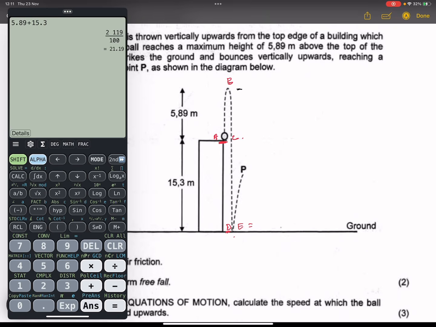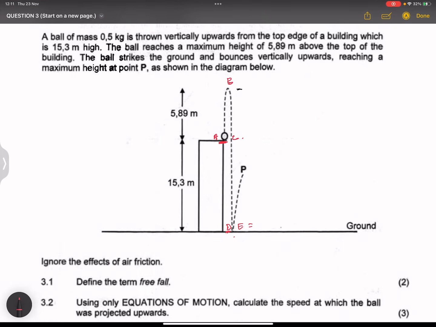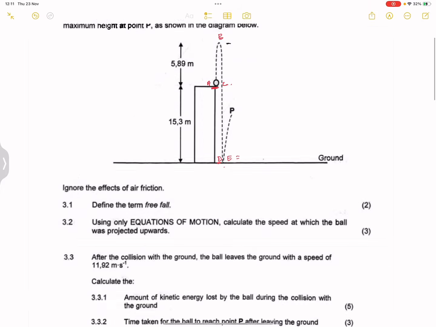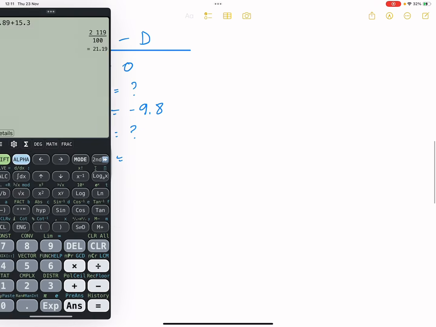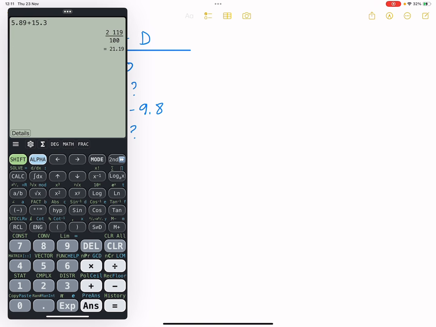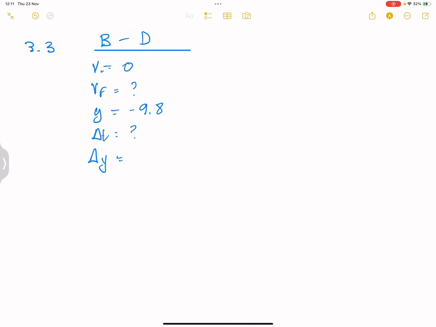You get 21.19. And there's nothing wrong, you could have used a to d. You would have used the displacement of 15.3 in that case. So there's our displacement, and remember it's displaced downwards, so that's going to be negative 21.19. Remember we said up is positive.